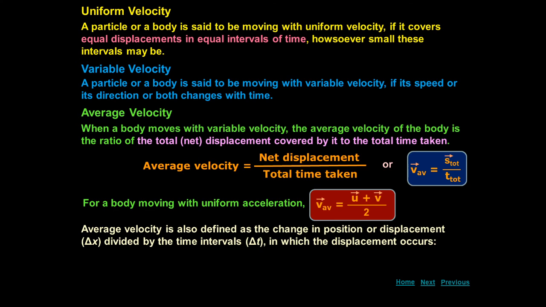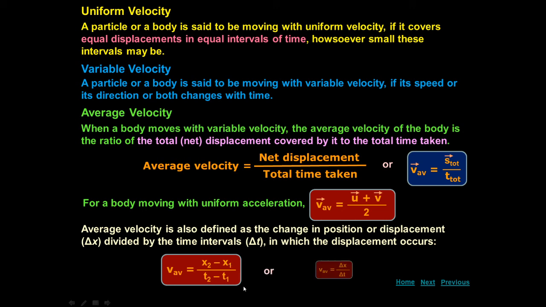Now average velocity is also defined, and here we introduce calculus to study velocity. Average velocity is also defined as the change in position or displacement del x divided by the time interval del t in which the displacement occurs. So V average equals x2 minus x1, that is del x, by t2 minus t1, that is del t.